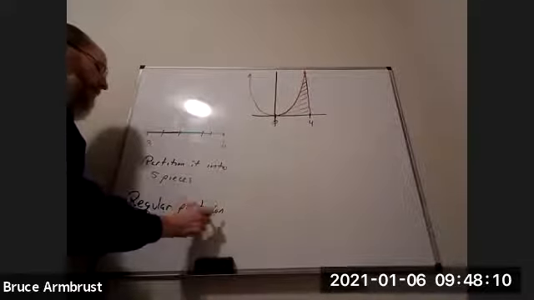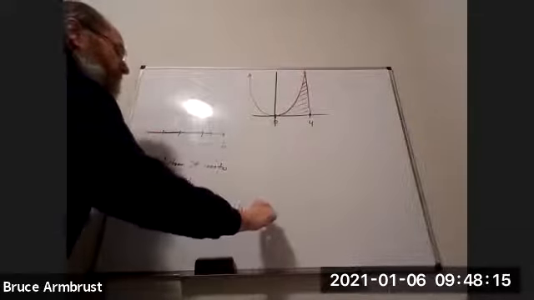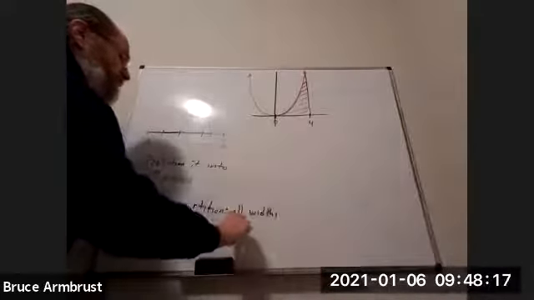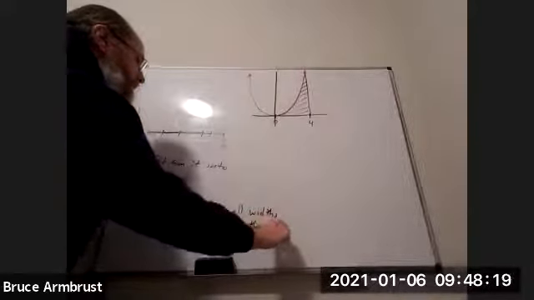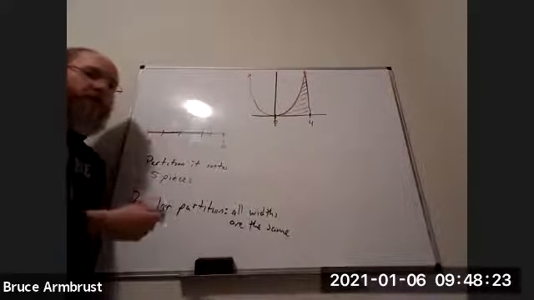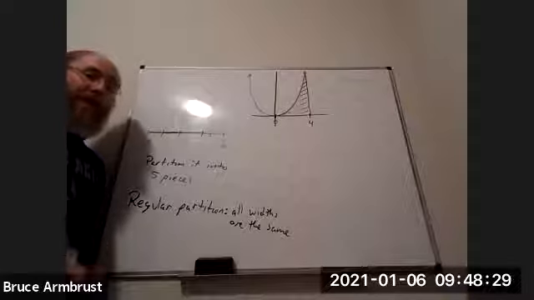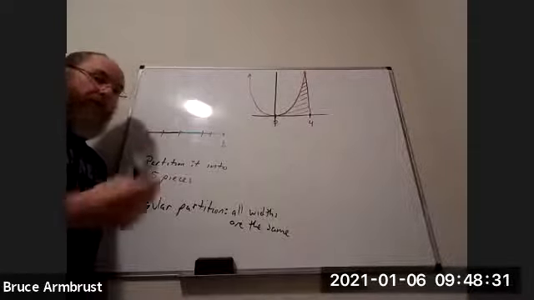And regular partition, all this means is that all of the widths are the same. When we do things, we're going to use regular partitions just because it's so much easier if all of the widths are the same.